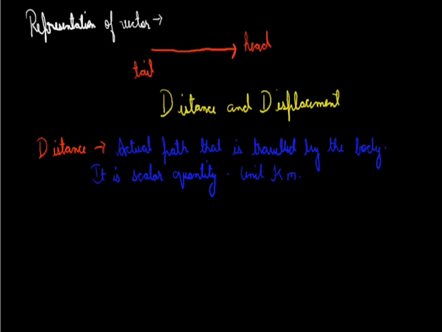Now we will define displacement. Displacement is the shortest path between two positions, or we can define it as the difference between the final and initial position of the body. Displacement is a vector quantity.